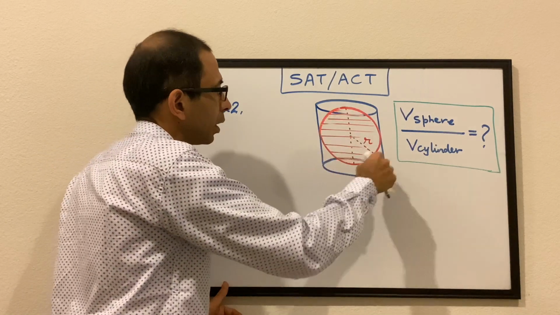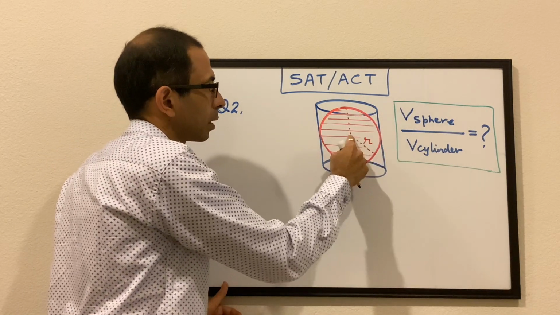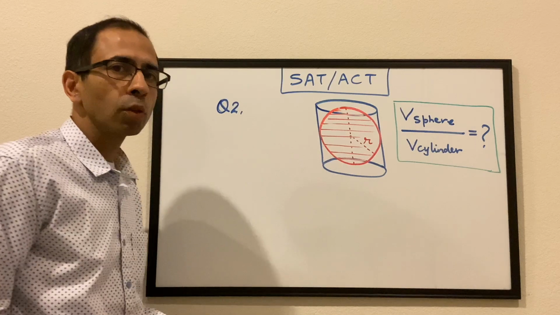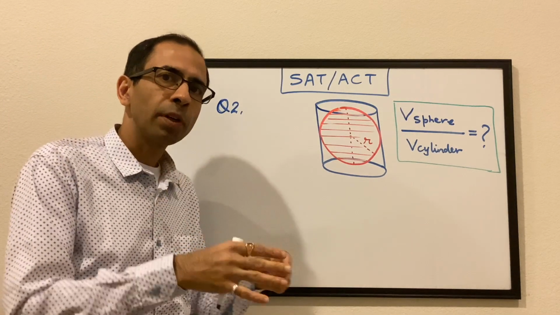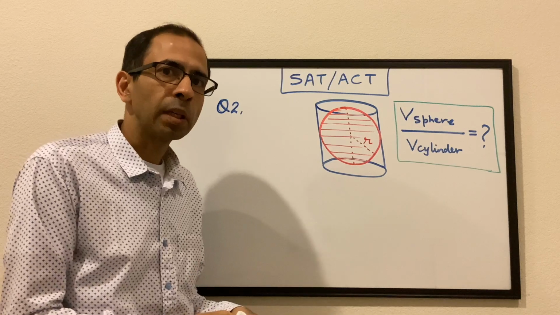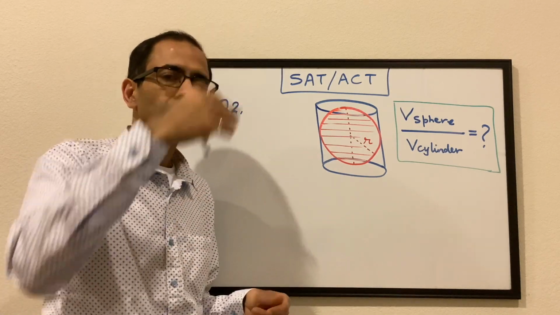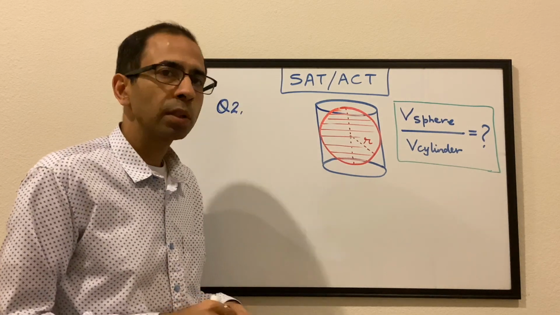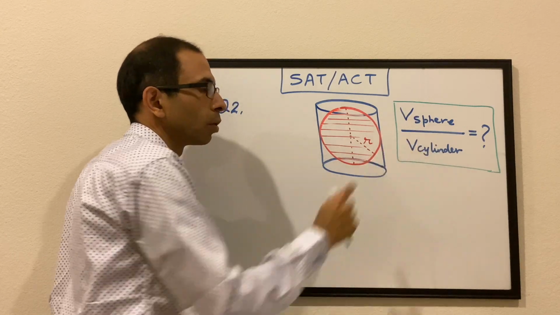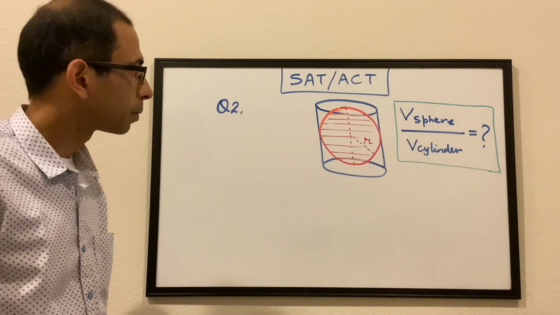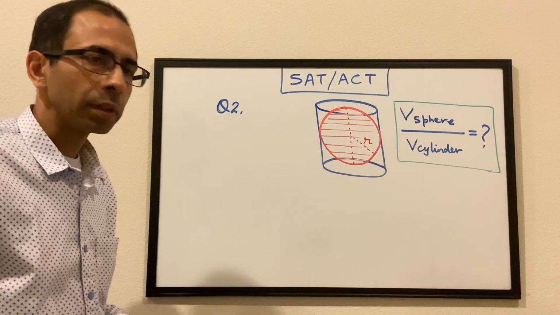And the radius of this sphere is, let's say, r. Okay, so that's the situation. So basically you have a sphere which exactly fits into a right circular cylinder on the sideways as well as from top to bottom. And in that situation you have to find the ratio of the volume of the sphere to the volume of the cylinder, right? That's all it's given, right?